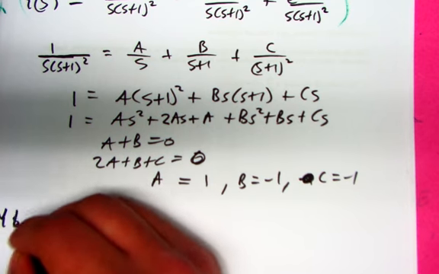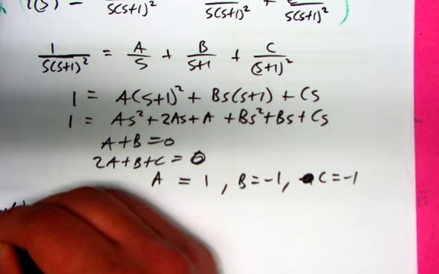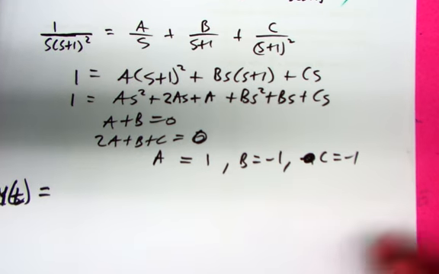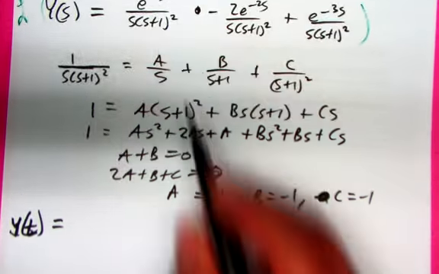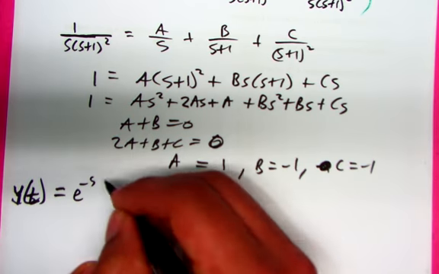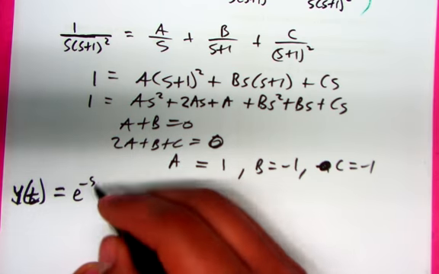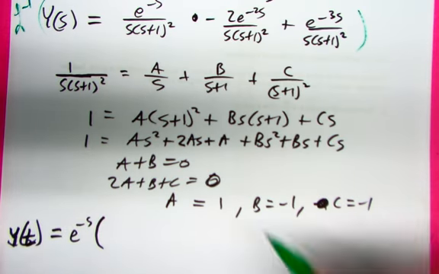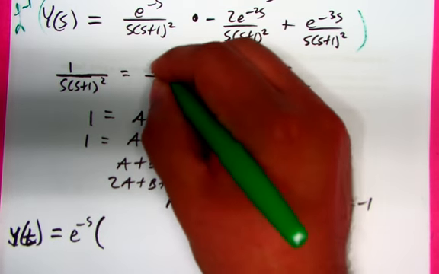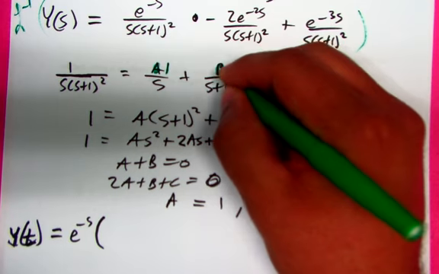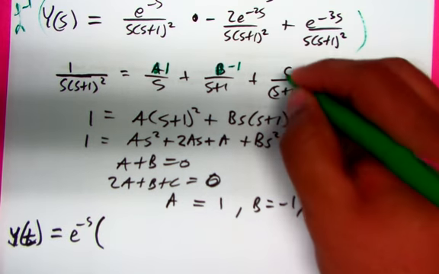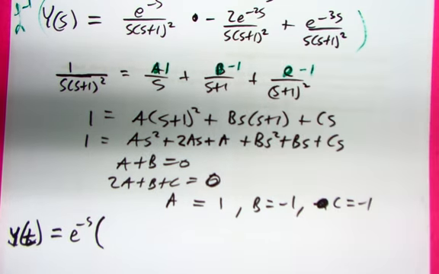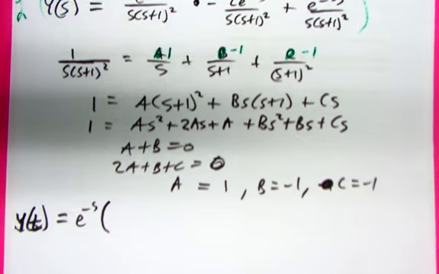So y of t is now going to be, so remember what we had here, e to the minus s, right? So we'll have e to the minus s times, and then I'm going to be very lazy with my work, but remember this is 1 over s, negative 1 over s plus 1, and negative 1 over s plus 1 squared.